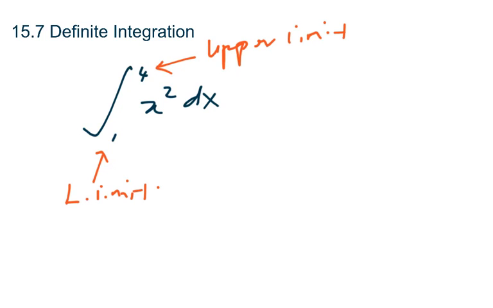So we are going to proceed with integration on this, where integration of x squared will give us x to the power of 3 over 3. We need to write the limits, from 1 to 4. The next step is the substitution of the limits in the equation.